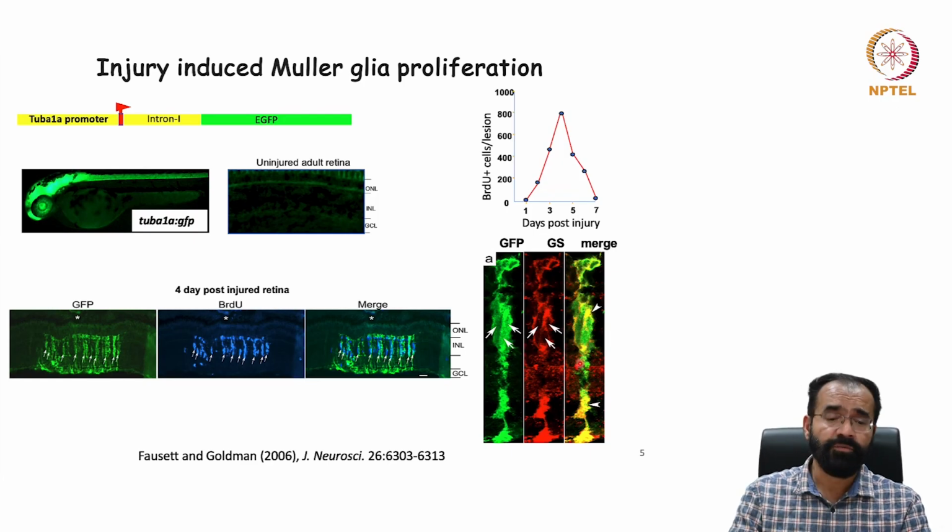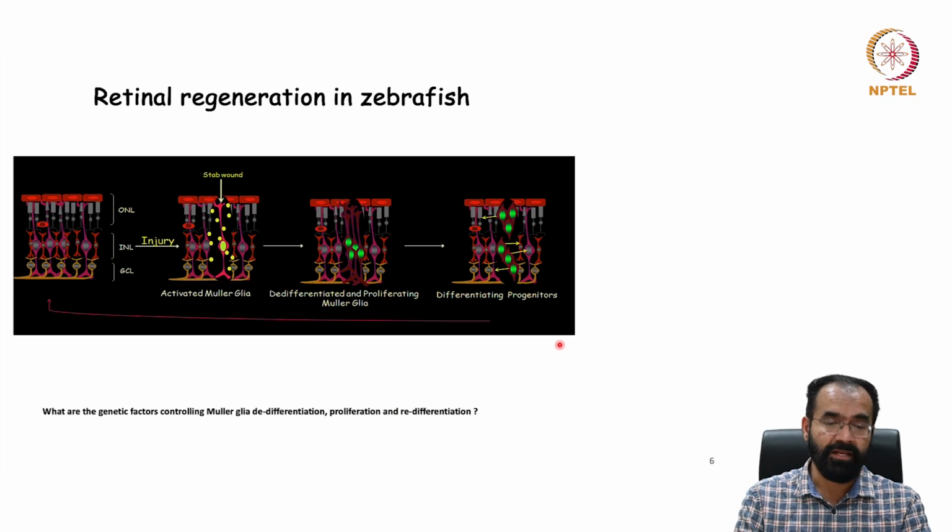Now, if you can generalize what is happening. This is the normal retina. You have the nuclear layer, and you have the inner nuclear layer, and you have the ganglion cell layer. After injury, what happens? There will be a response. It can be anything. It can be cytokines, chemokines.